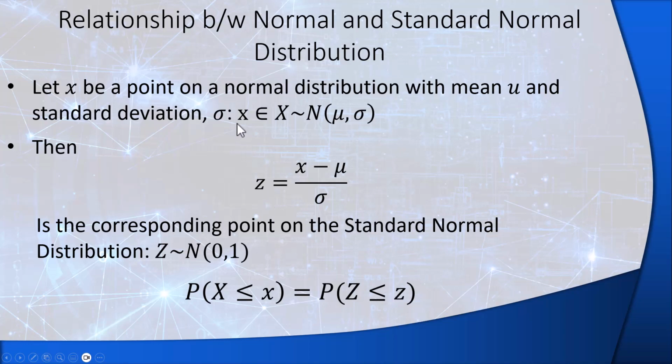So if you want to figure out the probability of X being less than a certain number, find the z-score and compute the probability that Z is less than that particular number. You have your answer. We are going to spend the rest of this section focusing on this.